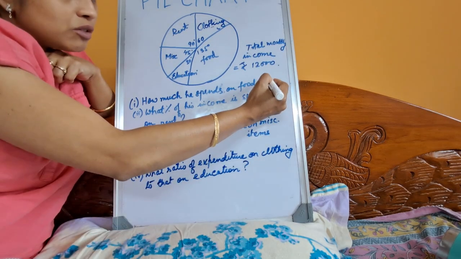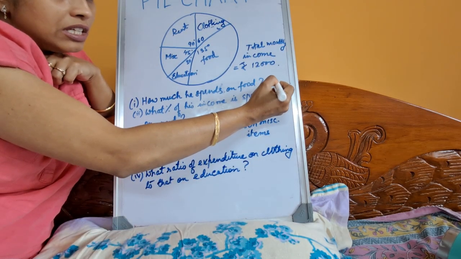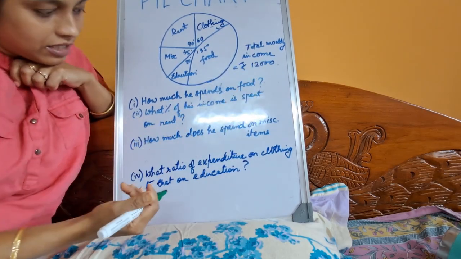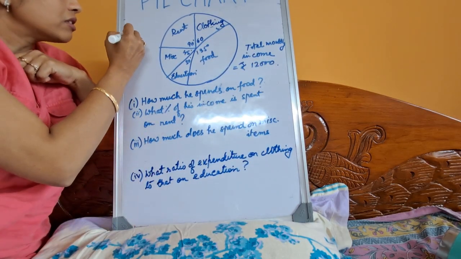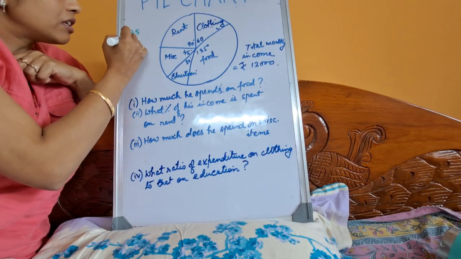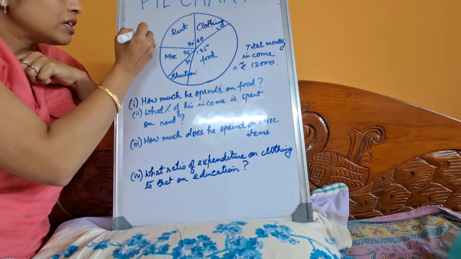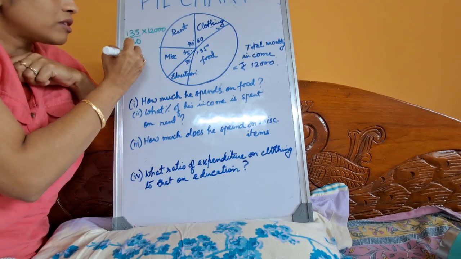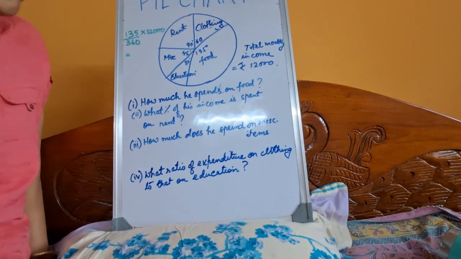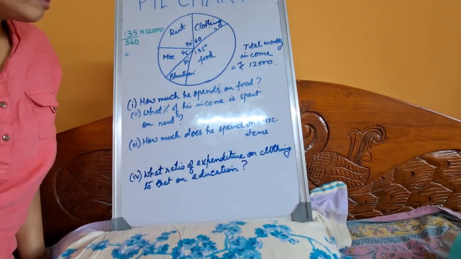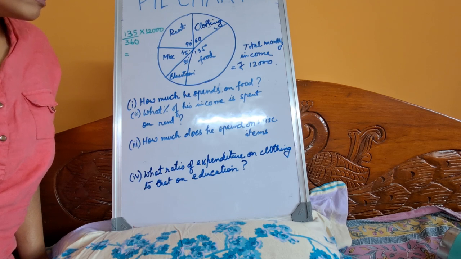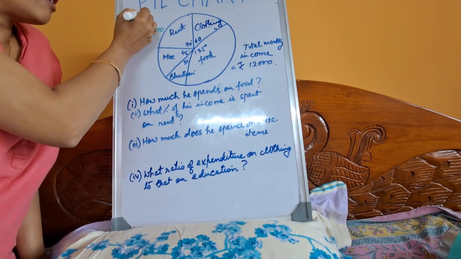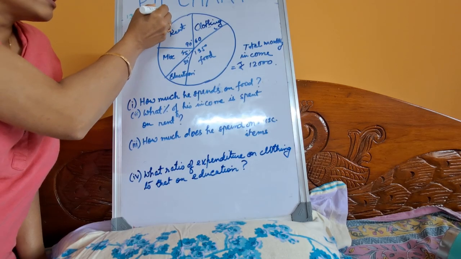So if it is 135 degree on food out of 360 degree, let me do the calculation here. If it is 12,000 in total, how much will it be? So it is basically 135 out of 360 degree.